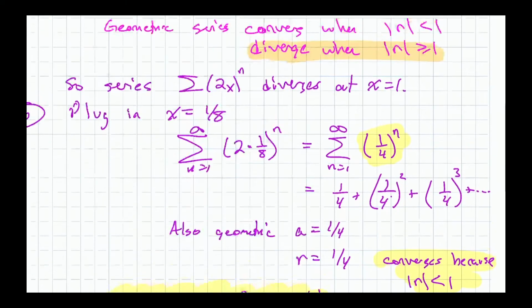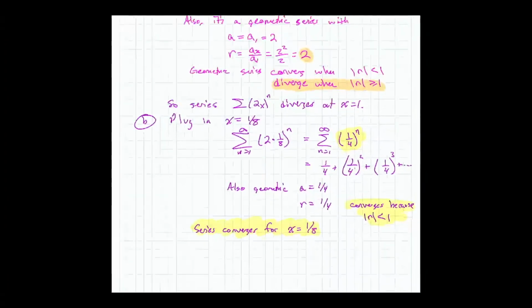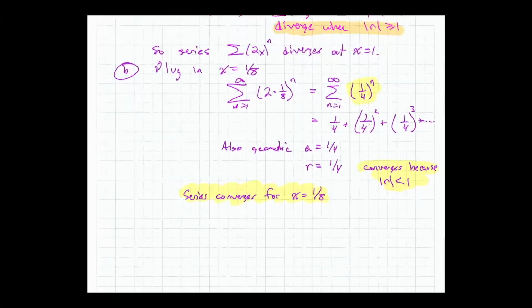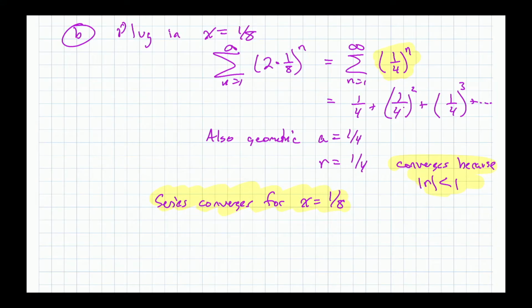All right, so that's it. So we just determined the convergence of a series for a couple of different x values. Now, that's not that common of a task, actually, so you're not going to be doing it too much.